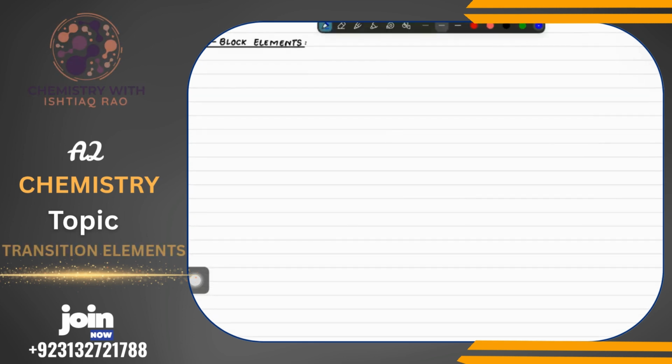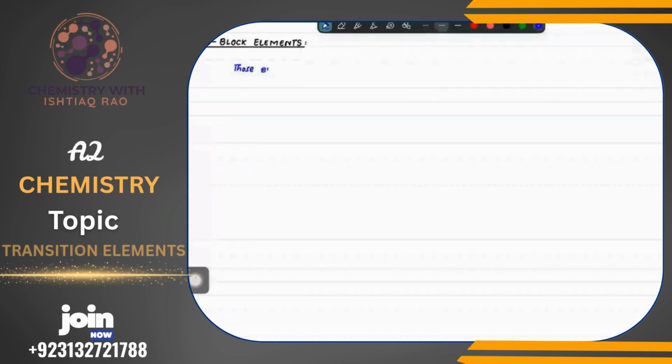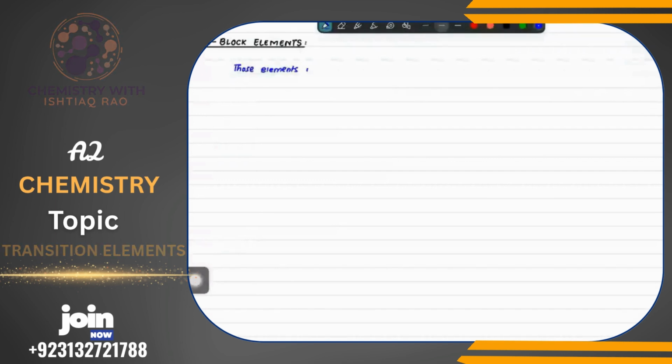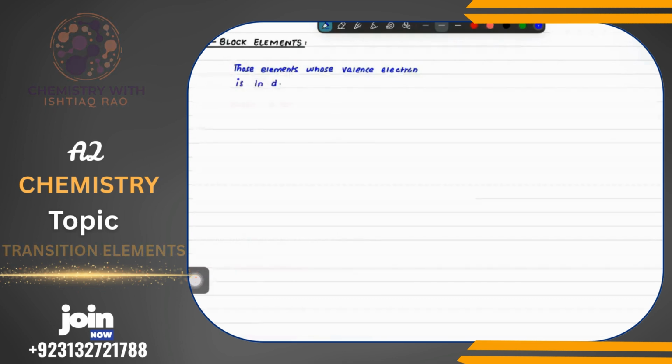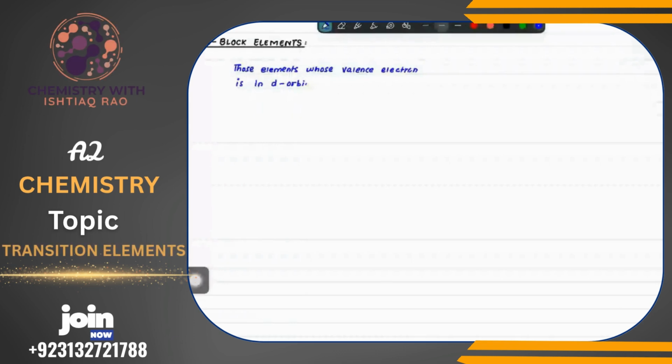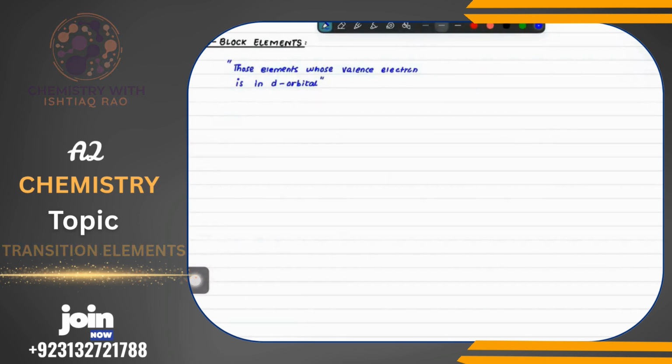I am supposed to write the definition of D block elements: those elements whose valence electron, or outer electron, is in the d orbital, are called d block elements.